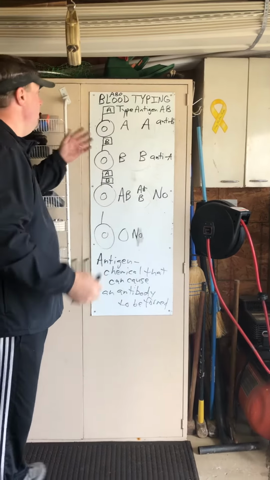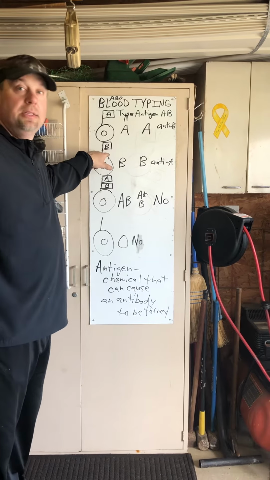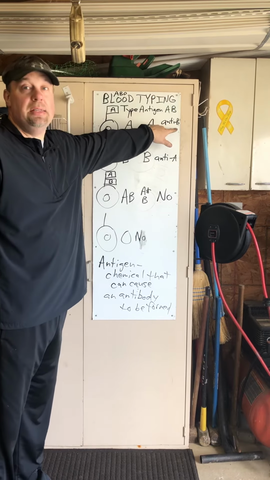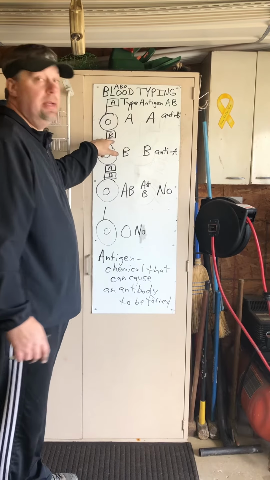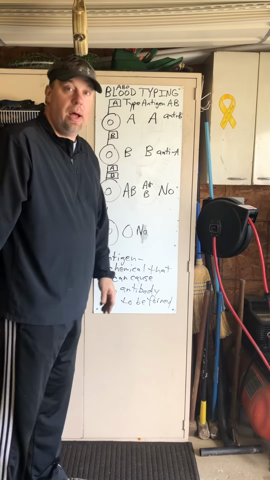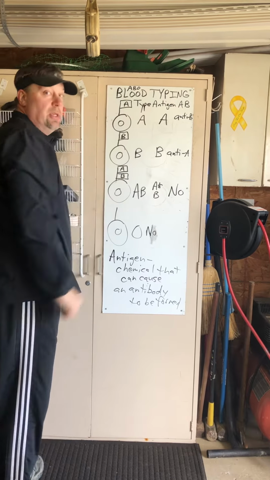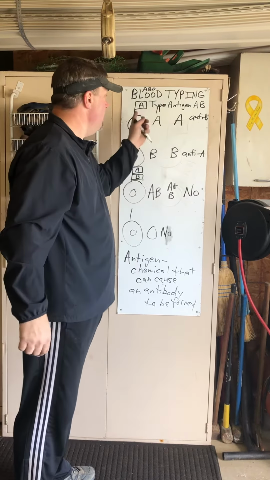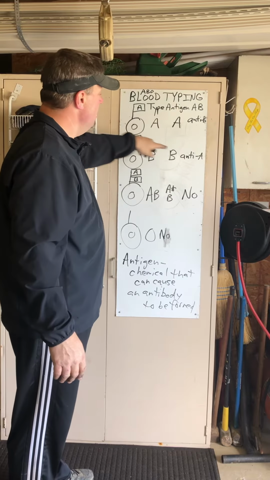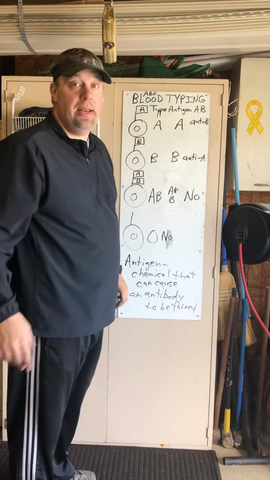Let's go back to the A and B. If I put B in an A person, is it going to recognize its flag? No, it does not. That's why it has the anti-B antibody. It is going to fight against that unknown antigen. Remember, an antigen is a chemical that can cause an antibody to be formed. So if I put the wrong antigen in that person, it's going to fight it, and it has anti-B to do that. Conversely, if I put A blood in a B person, it has anti-A antibody, which is going to be against the A antigen and fight it.